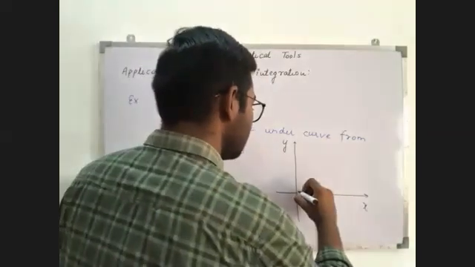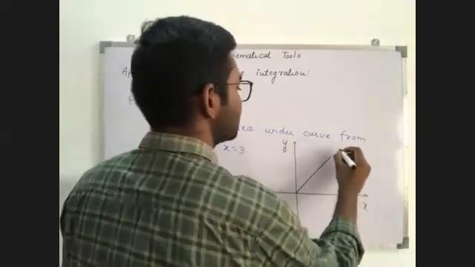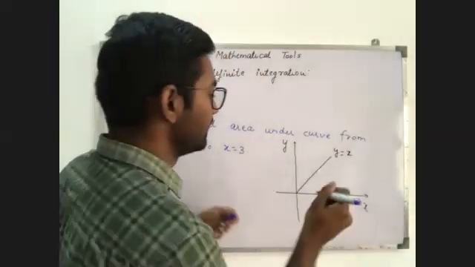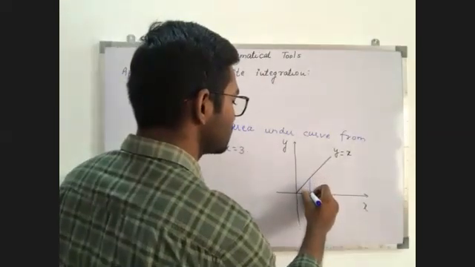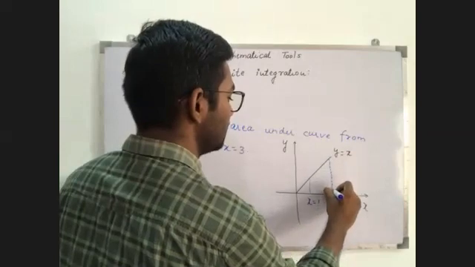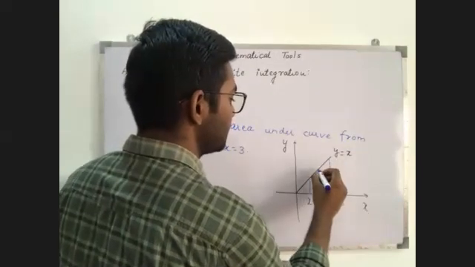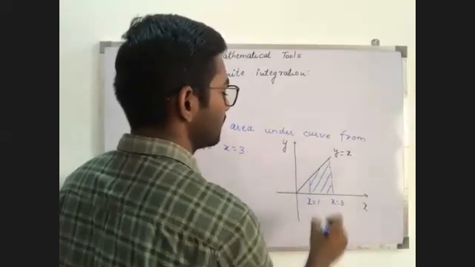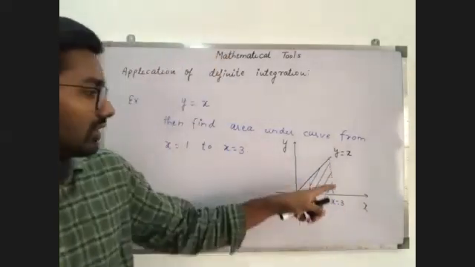Good. It is a straight line passing through the origin. This is y equals x. I need to calculate the area under this curve between x equals 1 and x equals 3.